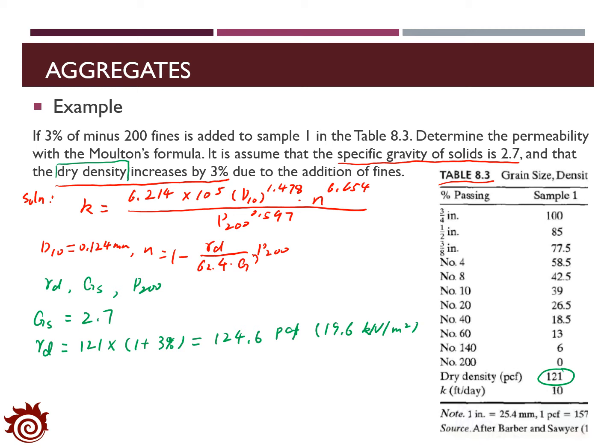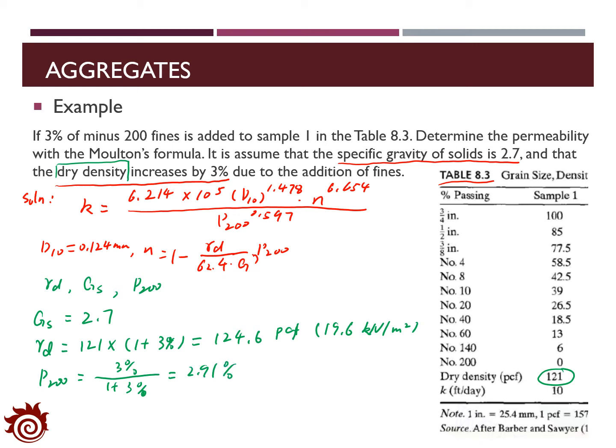And next we want to find P200. So we add 3% of the fines which can pass the number 200 sieve. Then the percentage for these fines in the sample would be 3% over 1 plus 3%, that is 2.91%.